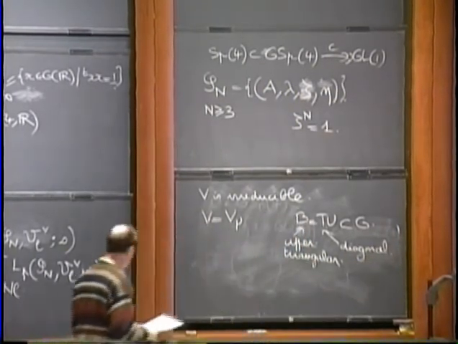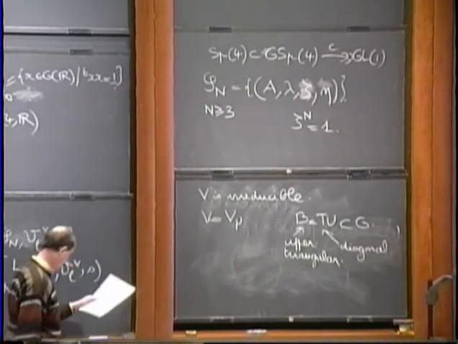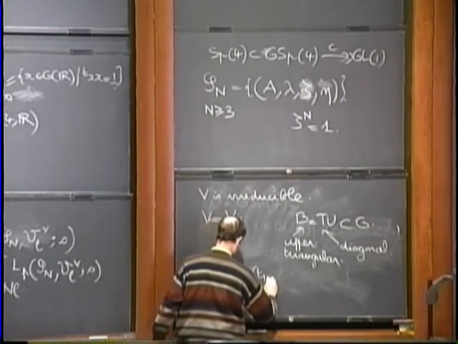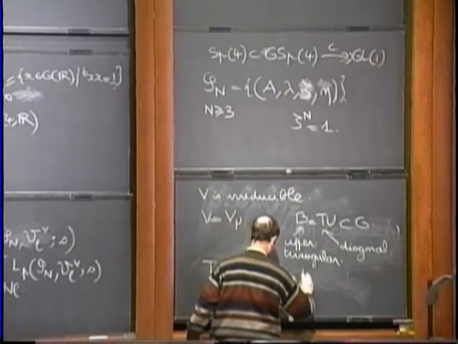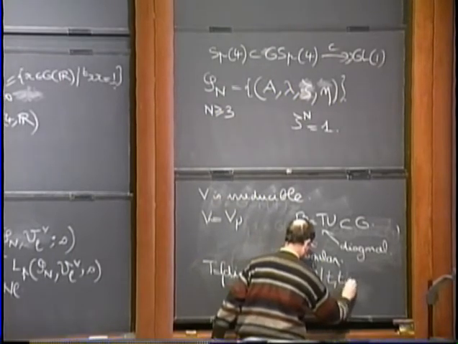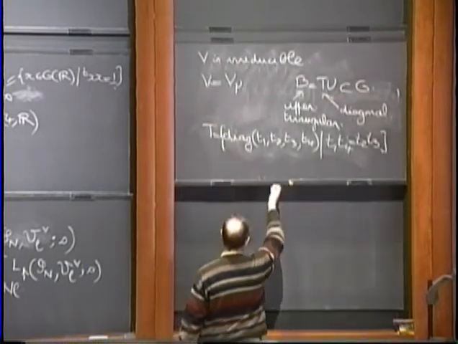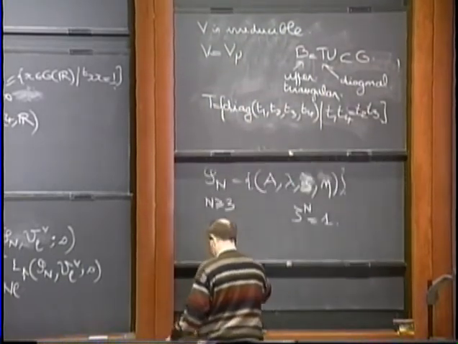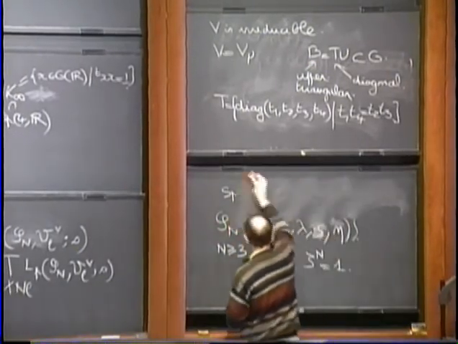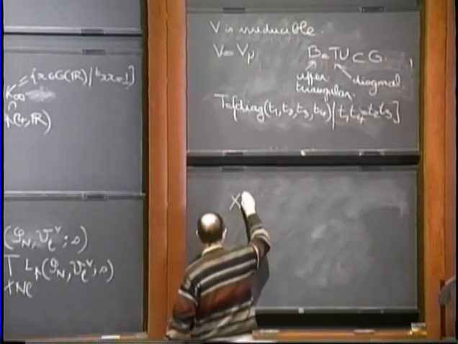And so mu is the highest weight of the irreducible representation with respect to B. The torus can be written this way, the diagonal matrices, and they are symplectic, so they satisfy the relation T1, T4 equal T2, T3. And so the set of mu is the set of dominant weights.